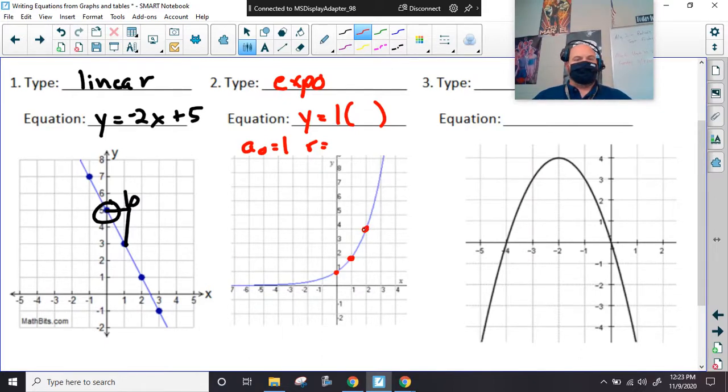And the next y value is 4. And the next y value is 8. What are we multiplying to get from 2 to 4? What times 2 is 4? 2. Okay. What times 4 is 8? 2. So that's our growth value right there. So that's what goes right here.